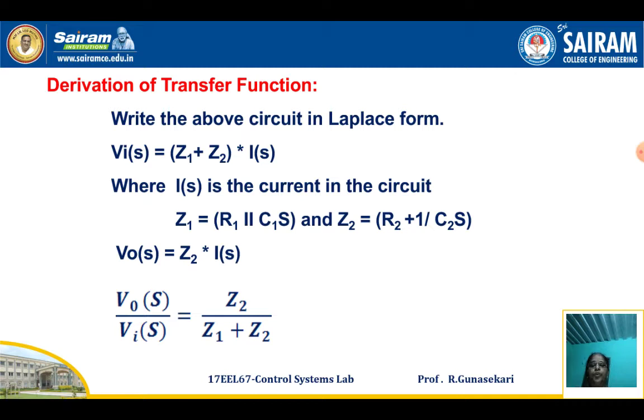The output voltage V0 of S equals Z2 multiplied by I of S. So V0 of S divided by Vi of S equals Z2 divided by Z1 plus Z2.